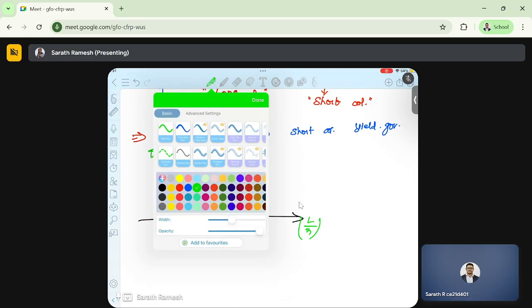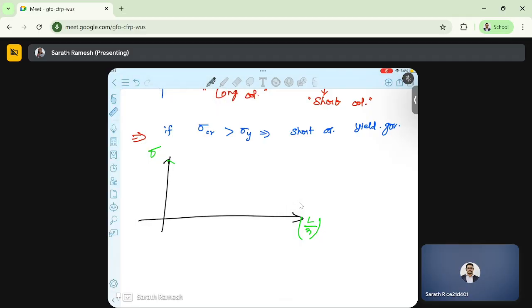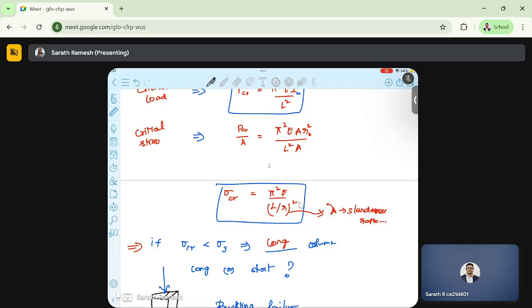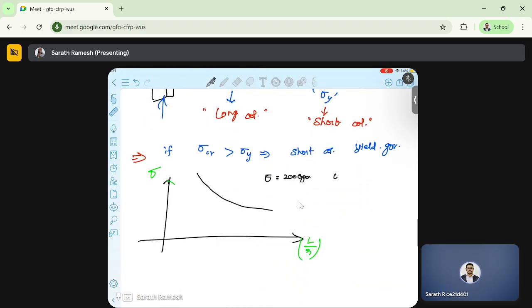Now, say for steel, maybe if E equal to 200 gigapascal, if we substitute 200 here, and say sigma Y is Fe 250, so 250 megapascal.